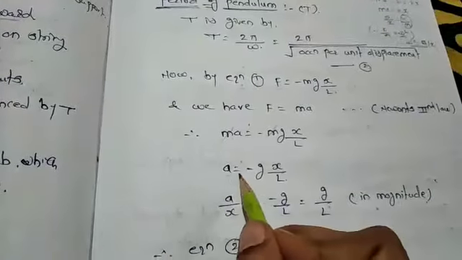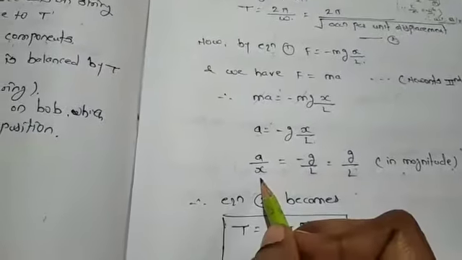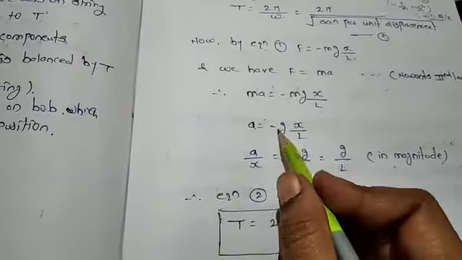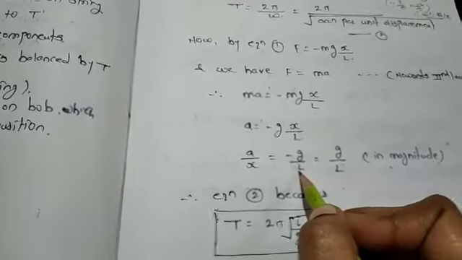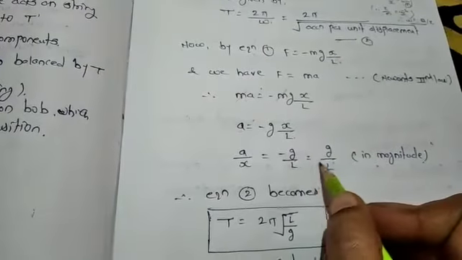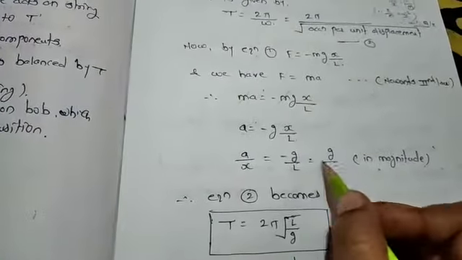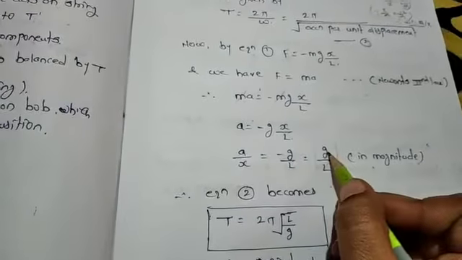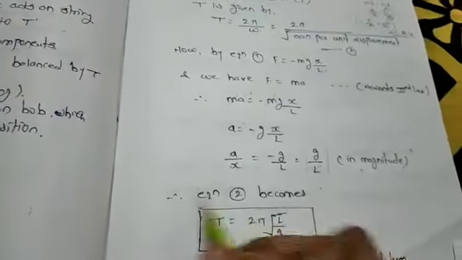If we take this x to this side, a by x, the acceleration per unit displacement, is equal to g upon L, where L is the length of the pendulum. That is in magnitude, if we take the magnitude only, g by L.